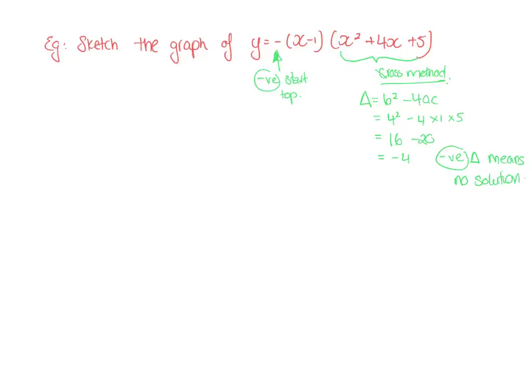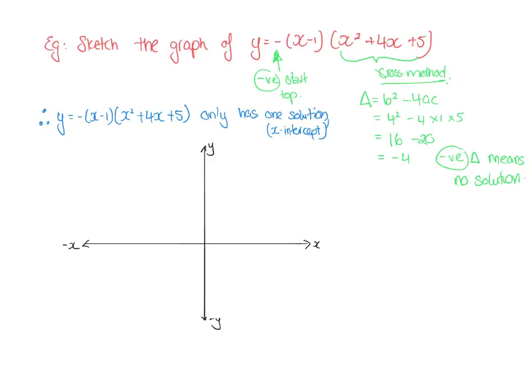So this graph actually only has one intercept. Let's find that one. That one intercept is x equals 1. If we go and find the y-intercept, that's when x equals 0. So we would have y equals negative 1 times negative 1 times 5, which ends up being 5. So the y-intercept is 5. We can put those in.